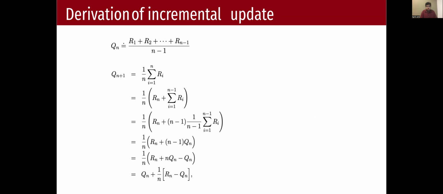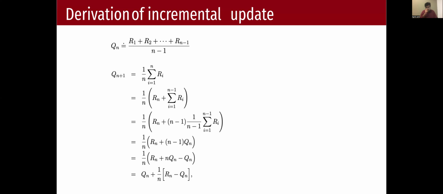Qn is the current estimate of action value after n observations. And Rn is the observed reward, and n is the count of observations.